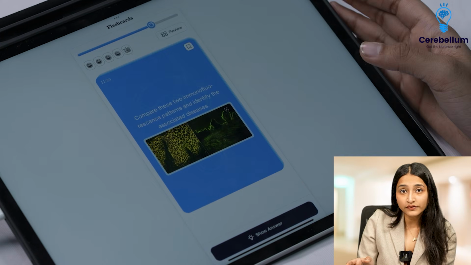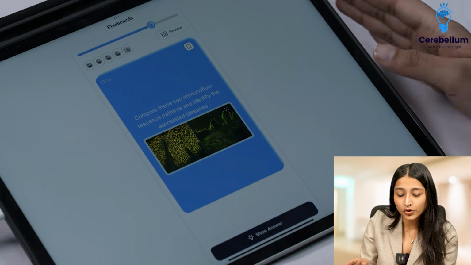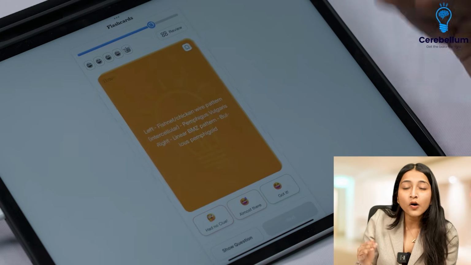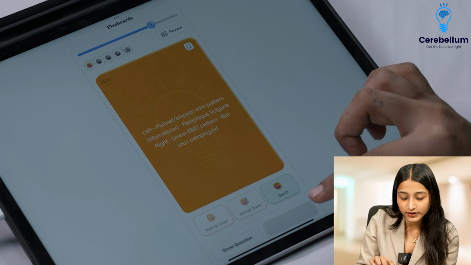So this is the question which I got wrong in the first go, the immunofluorescence pattern. Now if I'm getting it right, I will get a got it.